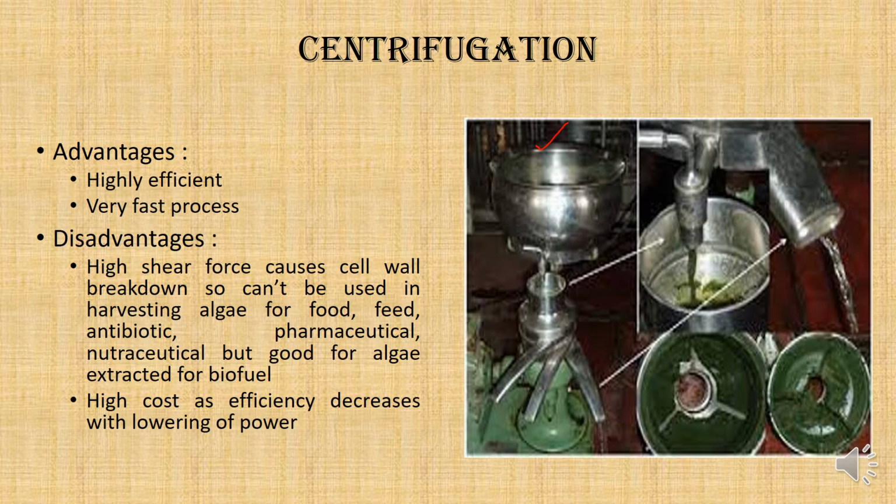So we see that centrifugation is a very common technique in algae harvesting, and especially those algae that are used in production of biodiesel are harvested by this technique, a very efficient and very fast technique. But it has certain disadvantages also.